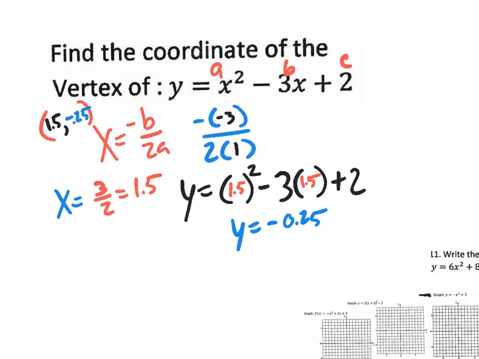They might write it as the fraction 3/2, comma, negative 1/4. So they might give it to you that way. Now the Casios are nice because you could convert them from fractions to decimals with that SD button.